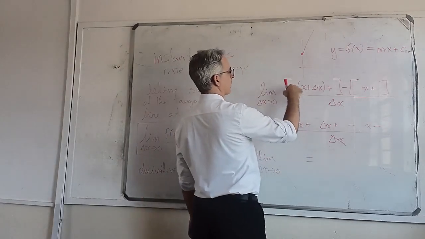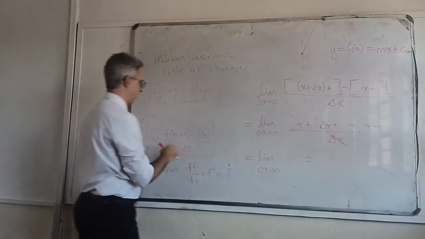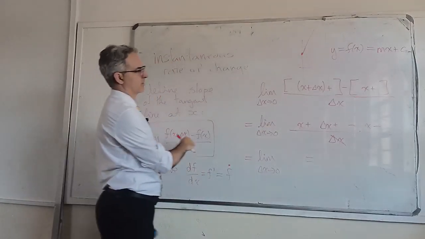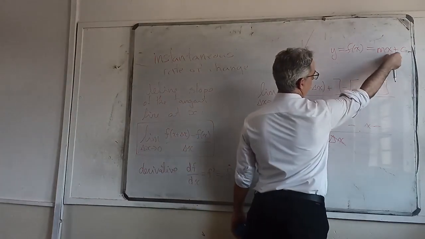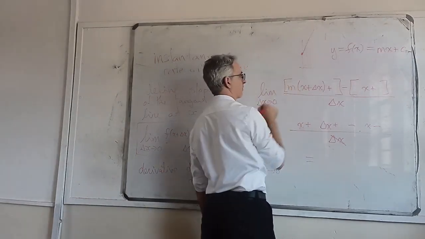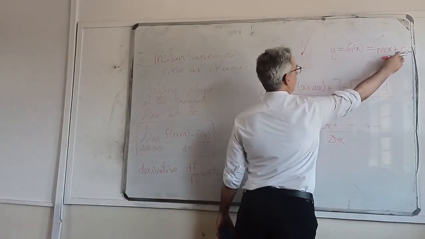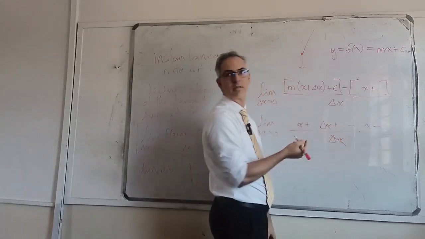So what will go here? I have a function of x plus delta x. My function is mx plus c. So in the x, I put x plus delta x multiplied by m. So here is m, and then I add c. There's c. And here, I do the same.